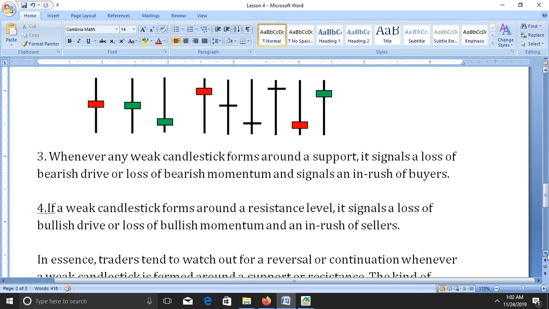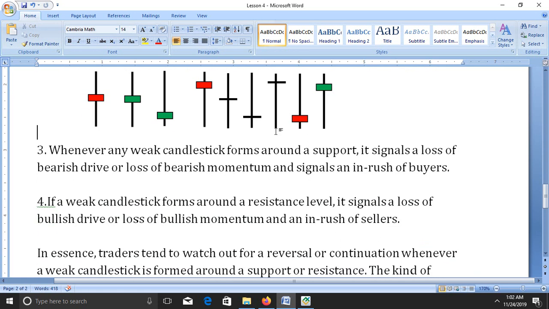Similarly, if a weak candlestick, as any of these, is formed around a resistance level, it also means we are getting set to close our buy orders or protect them, just to protect our profit, and then be getting ready to sell.